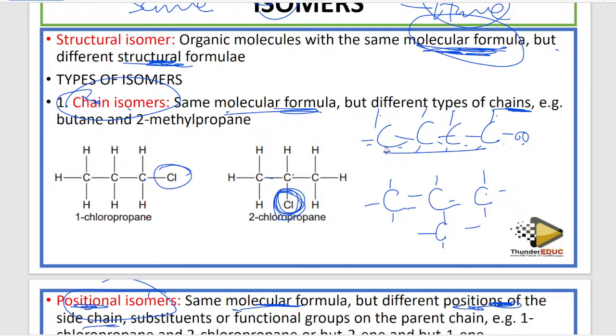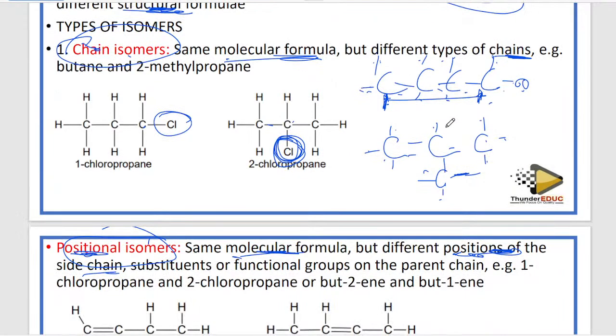Let me count the hydrogens again: 1, 2, 3, 4, 5, 6, 7, 8, 9, 10. What about here? 1, 2, 3, 4, 5, 6, 7, 8, 9, 10. It's 10, the same thing. So we call them structure isomers. The way the main chain is branched and arranged makes them different.